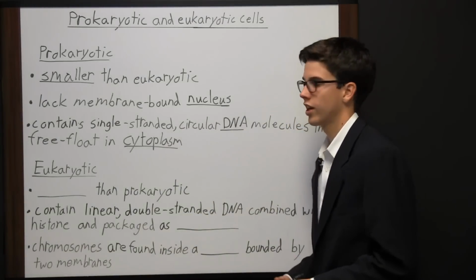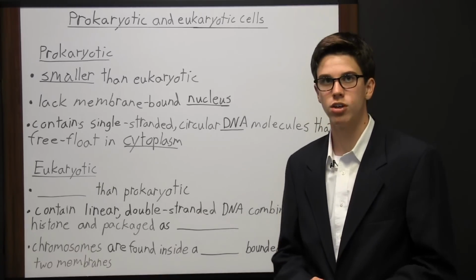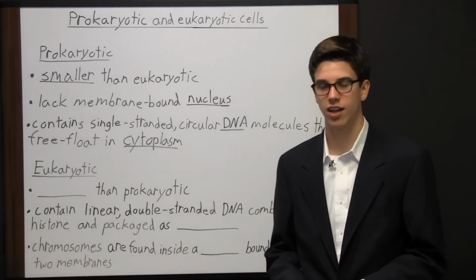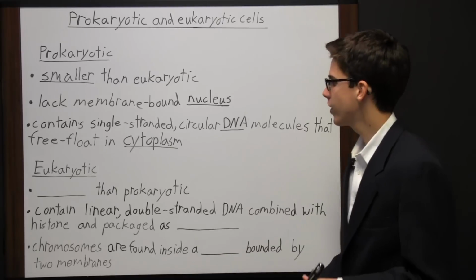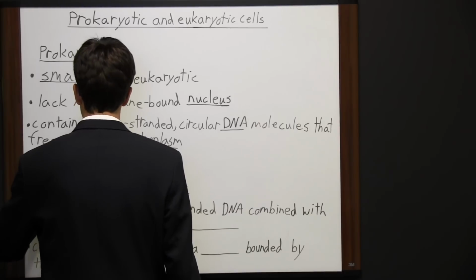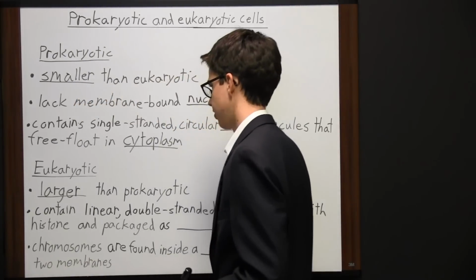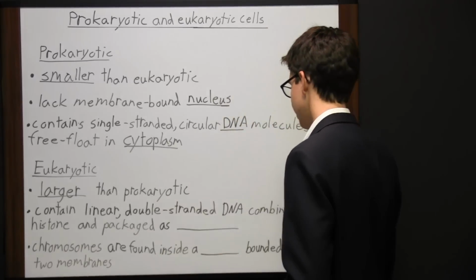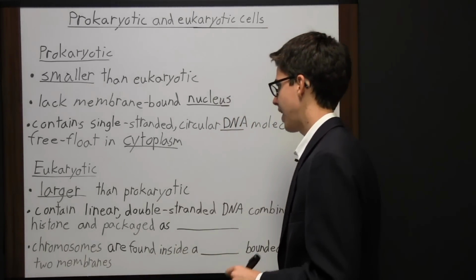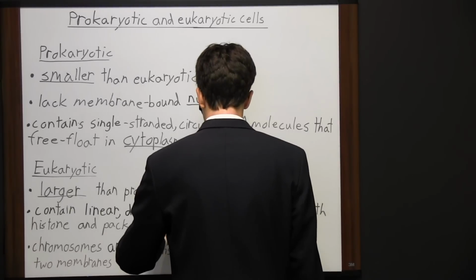Some different organelles that are in prokaryotic cells are ribosomes, centrioles, often one or more flagella, and cytoskeleton elements. Then we have eukaryotic cells, which are obviously larger than prokaryotic cells. These contain linear, double-stranded DNA combined with histone and packaged as chromosomes.